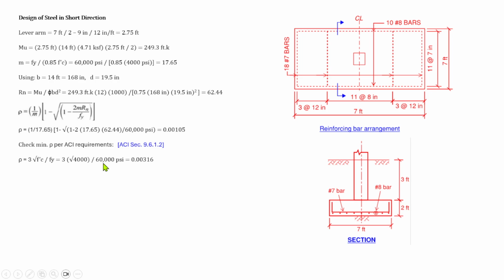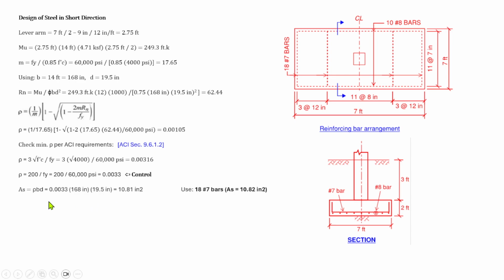This is the yield strength of the steel bars, and that is equal to 0.00316. There is another provision for minimum steel ratio. We have 200 over fy. That is equal to 200 over 60,000 psi, and that would give us 0.0033. Most of the time, this is the governing one, 0.0033. So that is the minimum reinforcement that we are going to use in the transverse direction.